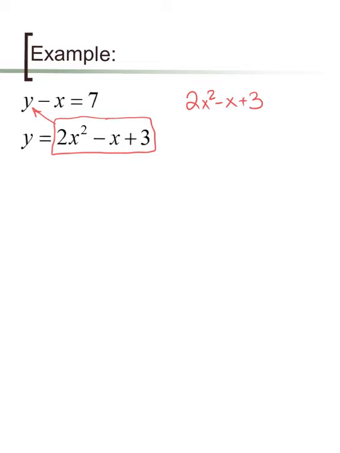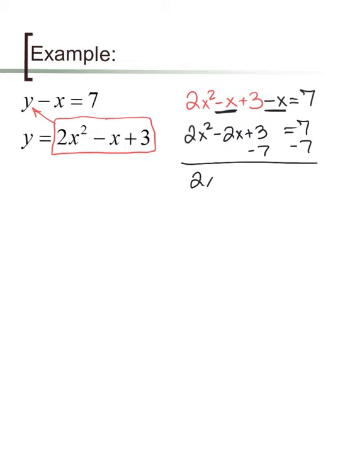I have to write down the rest of that equation, minus x equals 7. Now I'm going to combine like terms on the left. 2x squared, -x, minus another x is -2x, plus 3 equals 7. Since I have an x squared, I want the equation equal to 0, so I can factor it.